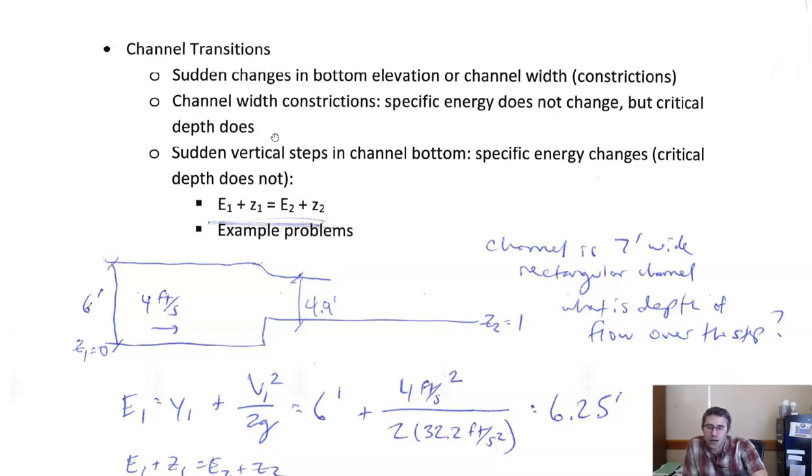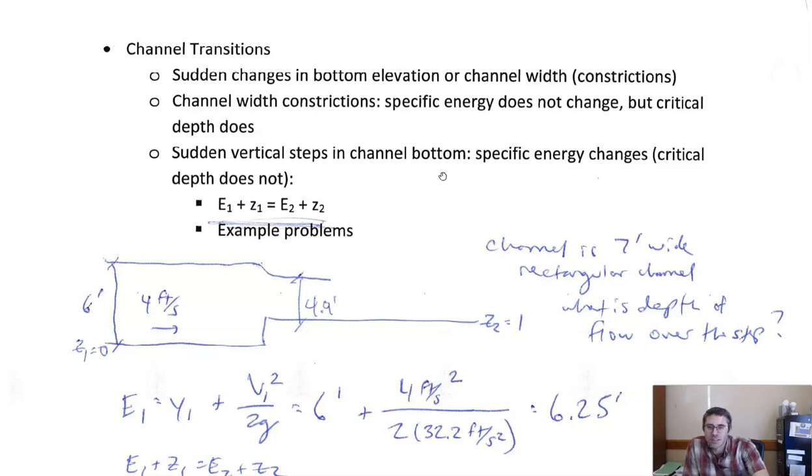In other words, if Z1 is equal to 0 and Z2 is equal to 1, then E2 has to drop, because E1 equals E2 plus 1. So E2 is smaller than E1.